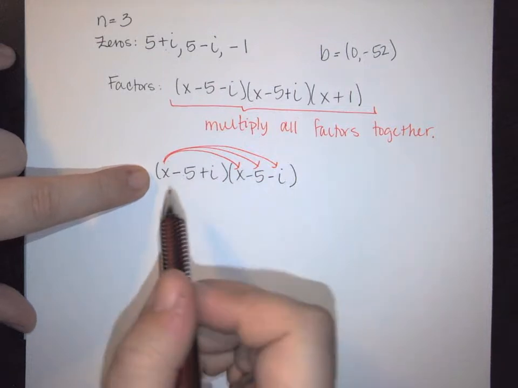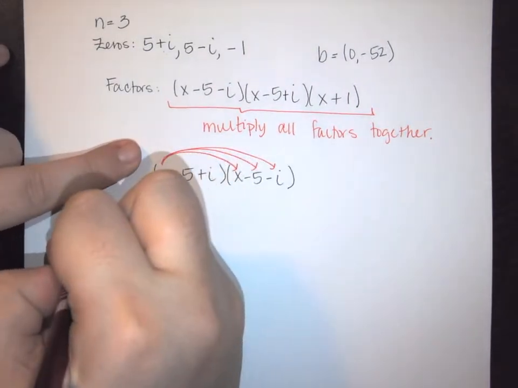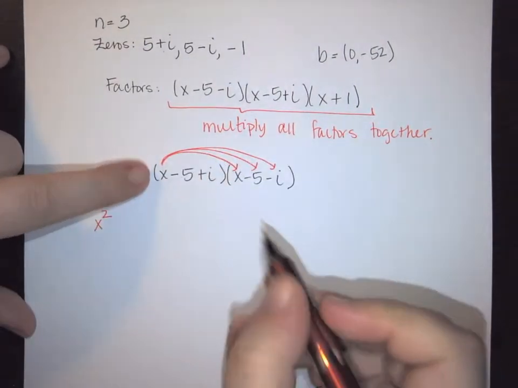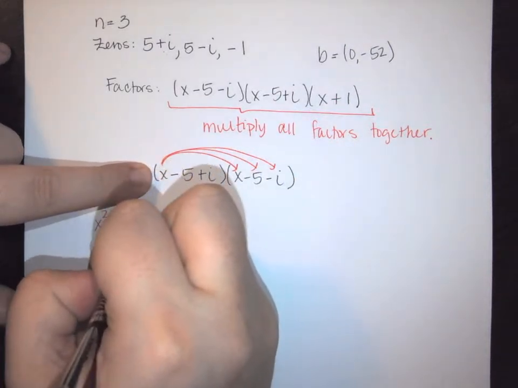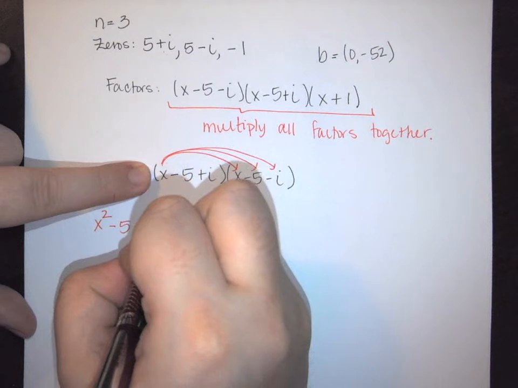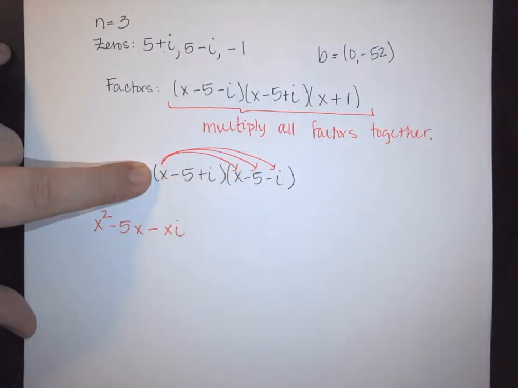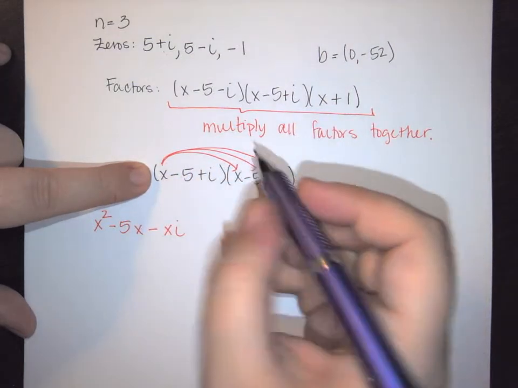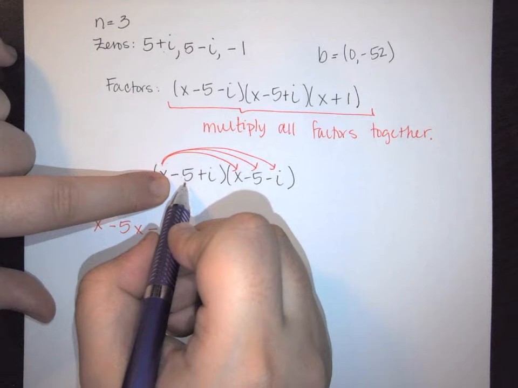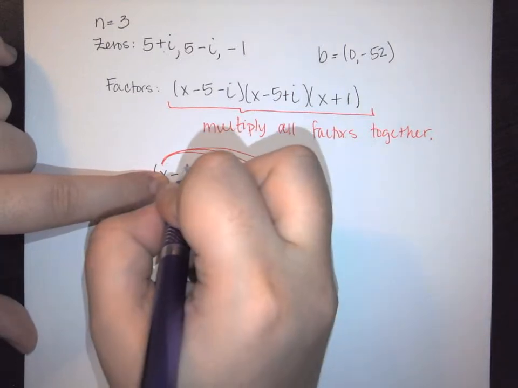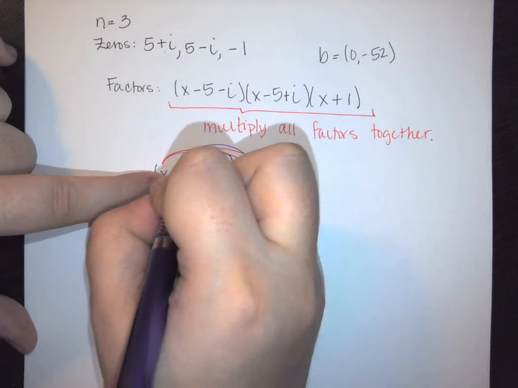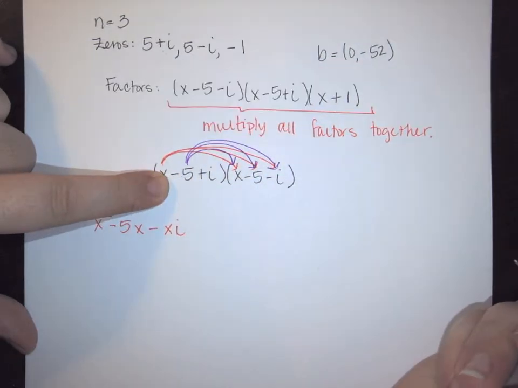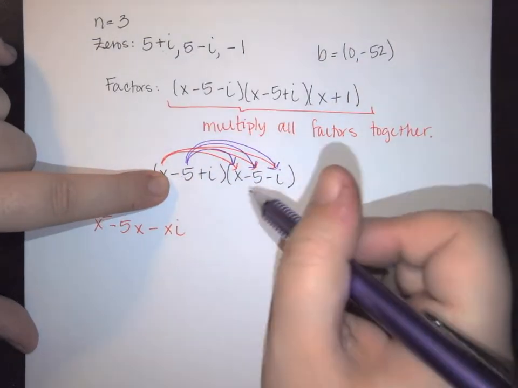So here this is going to be x times x, which is going to give you x squared. Then you're going to have x times a negative 5, so minus 5x, minus xi. Now the next thing that we have to do is take the middle term, or the next one, and do the same thing. So we're going to do this one times all three pieces of that secondary factor.